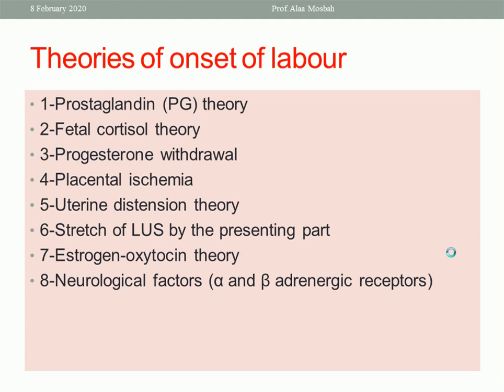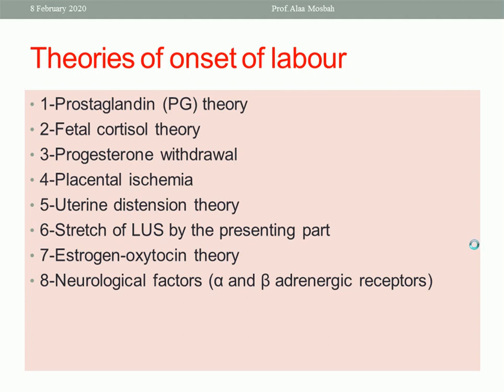Uterine distension theory, by the baby at full term, this stretch of the muscle wall of the uterus reflected by uterine contraction, and stretch also of the lower uterine segment. Estrogen oxytocin theory, there is a relation between estrogen and the oxytocin receptors at the end of the pregnancy. Neurological factors like alpha and beta adrenergic receptors.